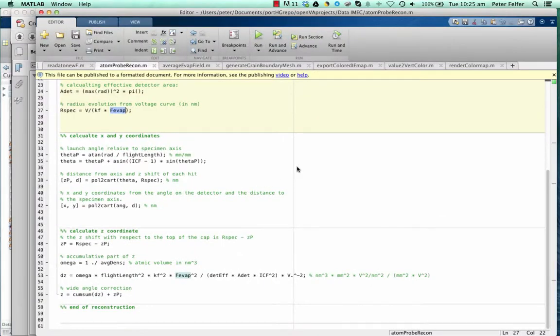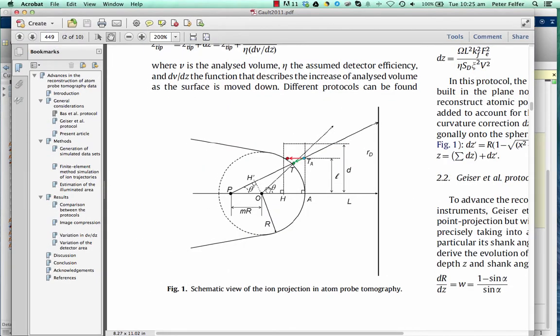So the simple way of calculating theta prime here is the arctangent of radius divided by flight path length. Very simple. And then we get to the uncompressed angle theta, using this formula. You'll find it in the paper. And so now we've got this angle here.